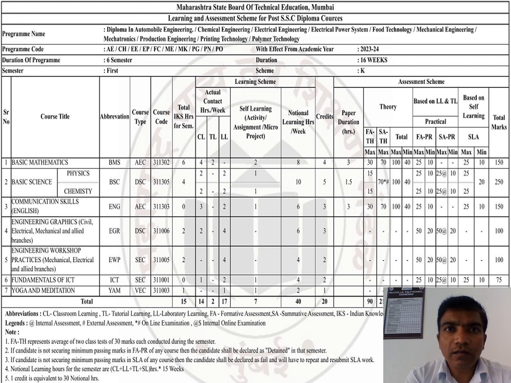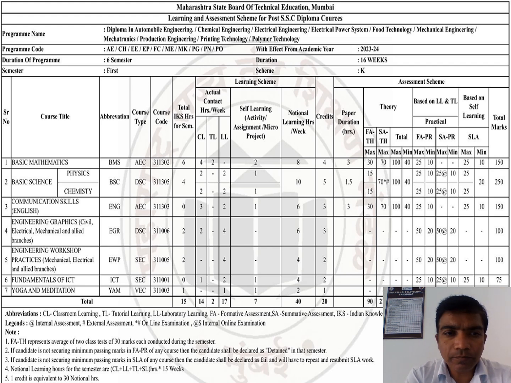As in the slide you can see, there are various courses like basic mathematics, basic science, communication skills, that is English, engineering graphics, engineering workshop practices, fundamentals of ICT, and yoga and meditation.